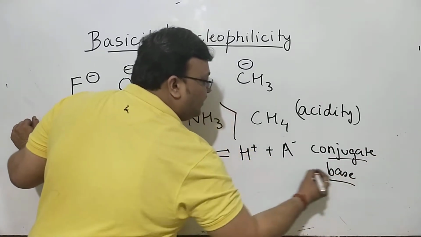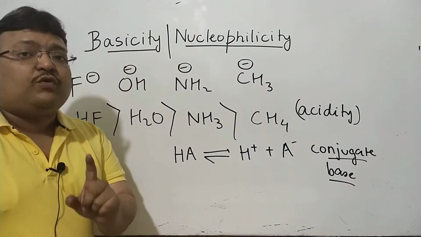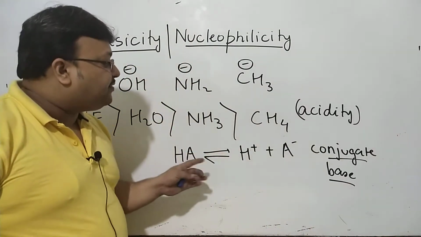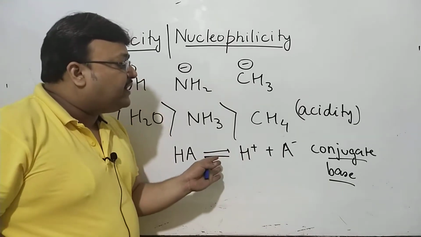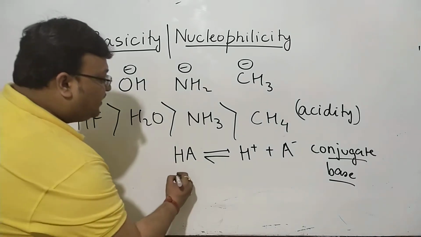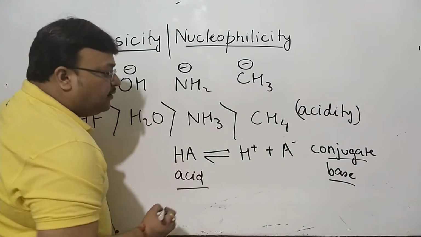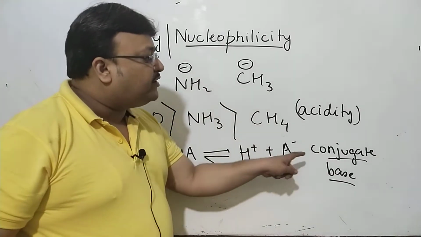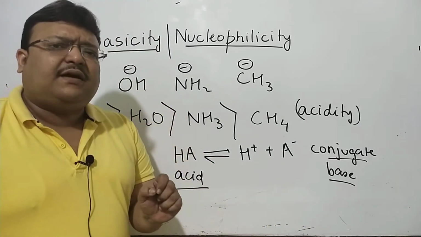This is a thumb rule. This never goes wrong. Acid loses H plus, A minus gains H plus. So moving forward, it's acting as an acid, and naturally, moving backwards, it's taking H plus, so it's acting as a base.